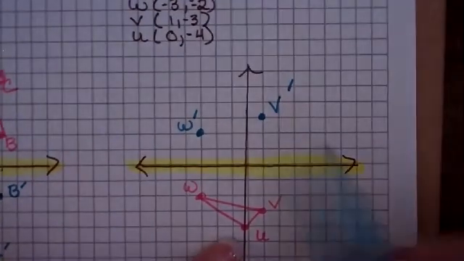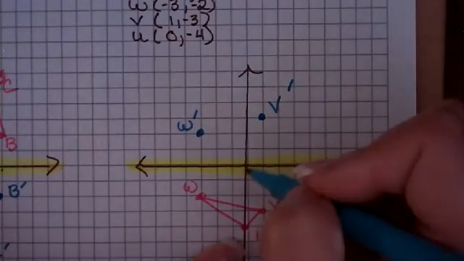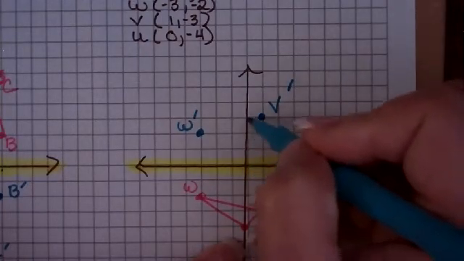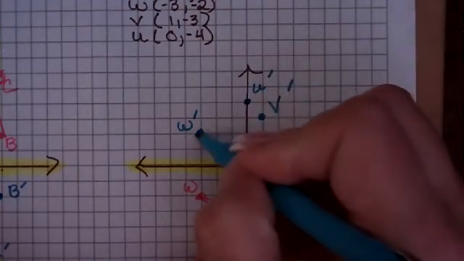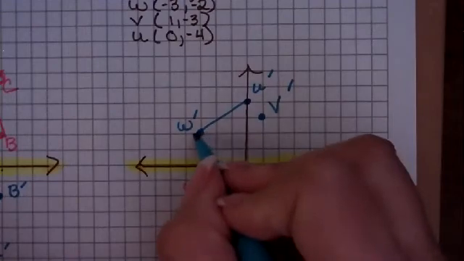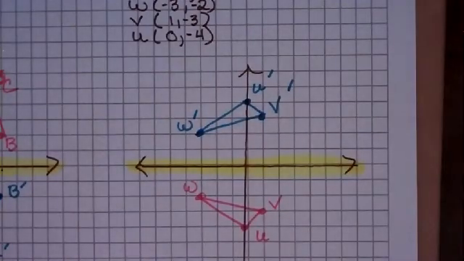And U down here is at 1, 2, 3, 4 blocks below, so I need to go 4 above. 1, 2, 3, 4. And again, when I connect them, I'm going to ask myself, do I see a mirror image? And I do.